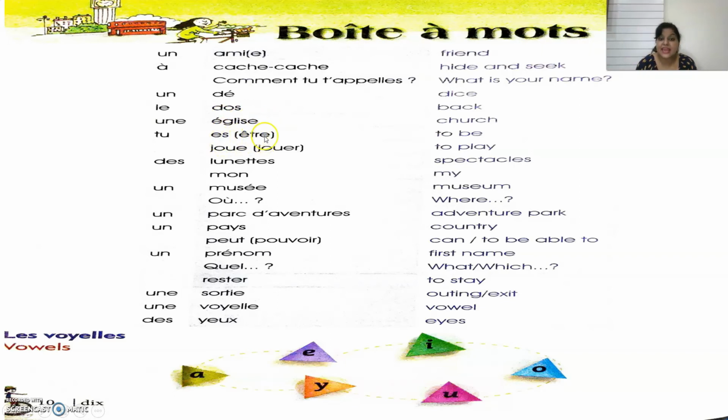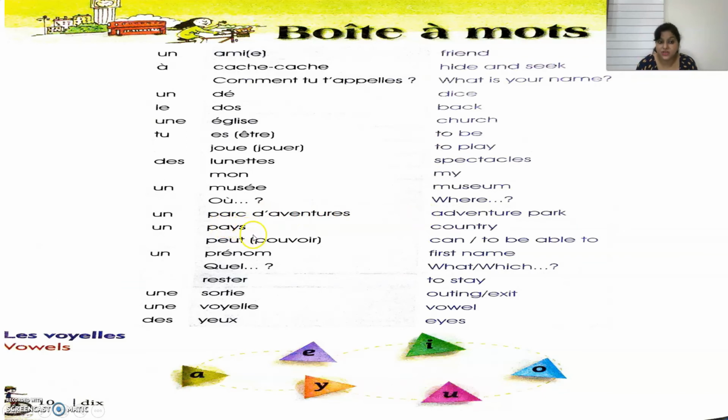Est, this is an être verb. Joue, jouer verb, that means to play. Lunettes, that are spectacles. Mon, that means my. Musée, that's a museum. Où means where. Parc d'aventure, that's an adventure park.